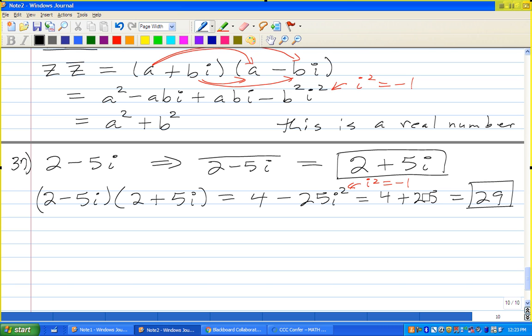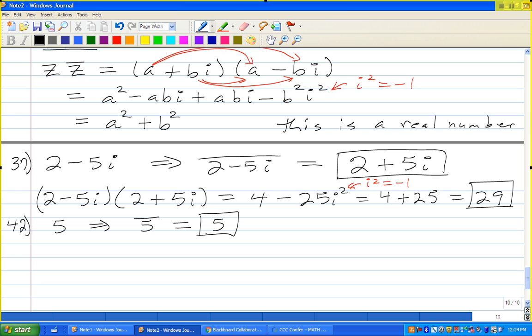Let me do problem 42. So I have the number 5, and I want to find the complex conjugate of 5. Well, the complex conjugate of 5 is still 5.